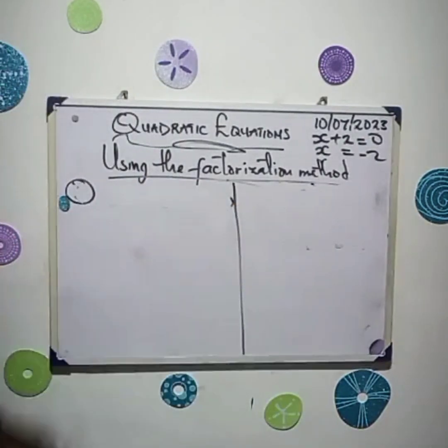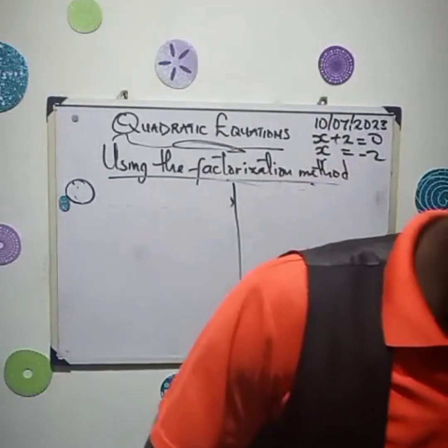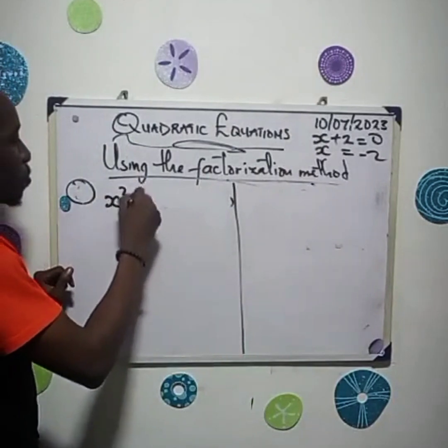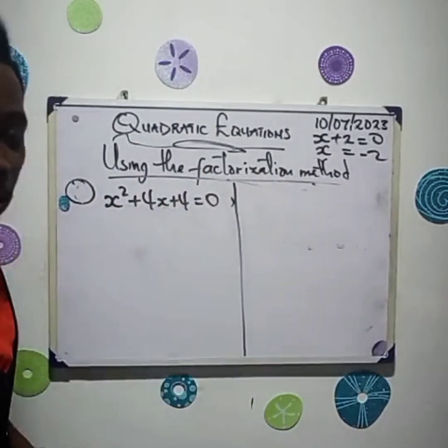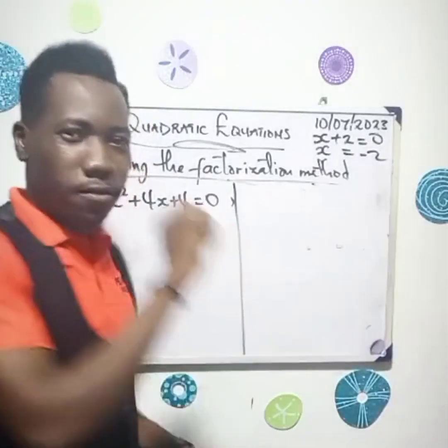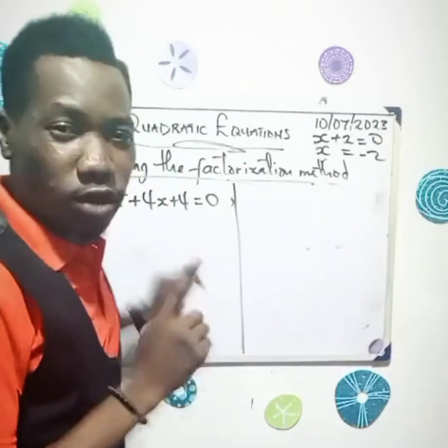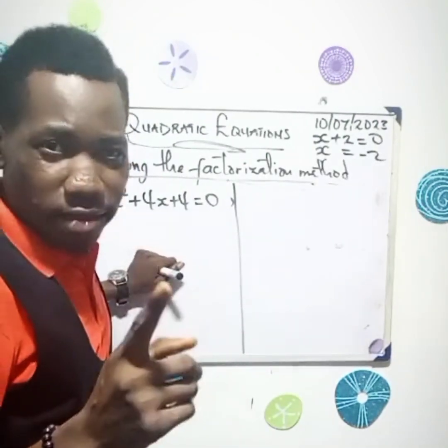So number 4 says x squared plus 4x plus 4 equals 0. Before we solve this, there's a way you can always check if a quadratic equation can be factorized.